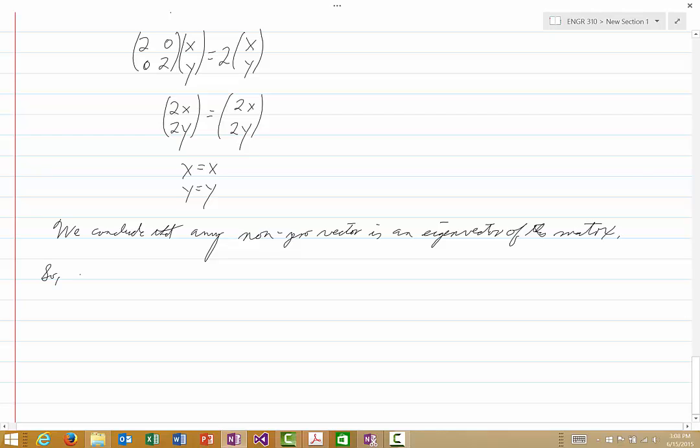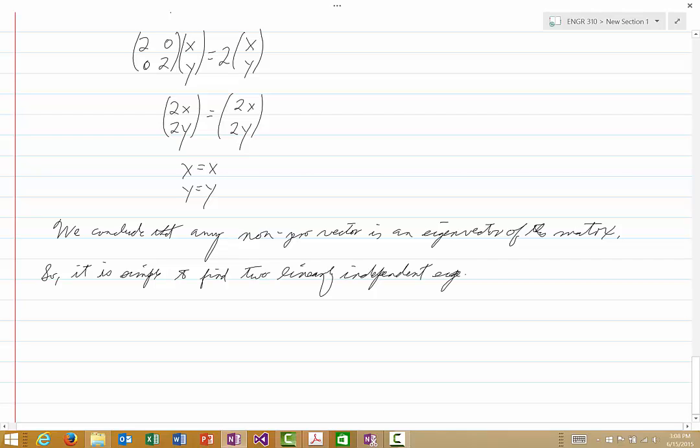So it is simple to find two linearly independent eigenvectors.